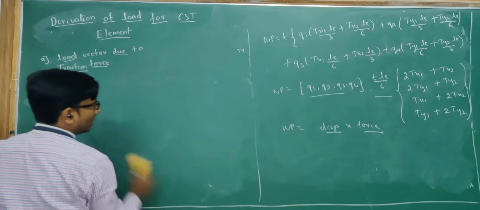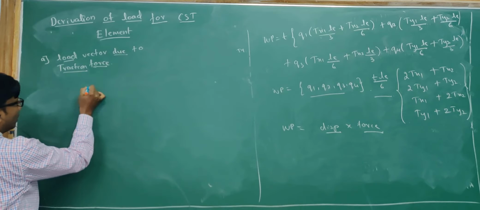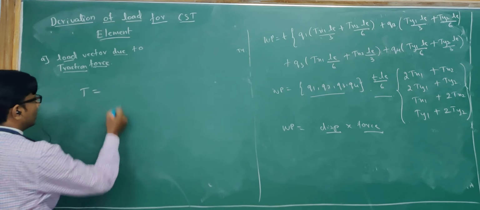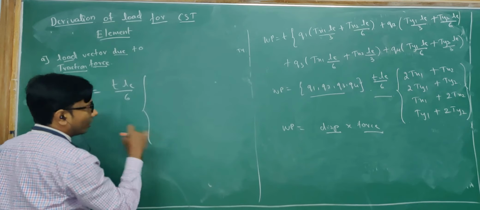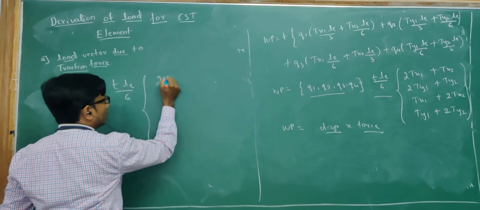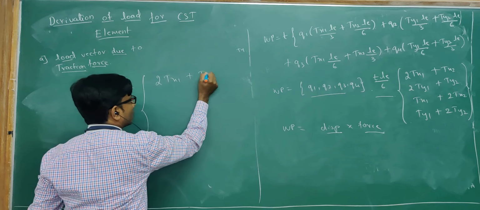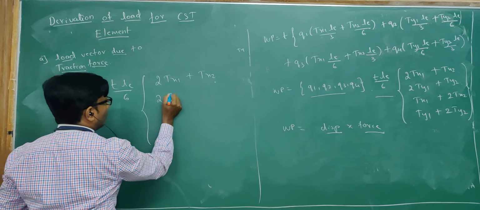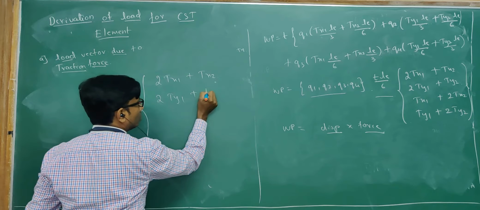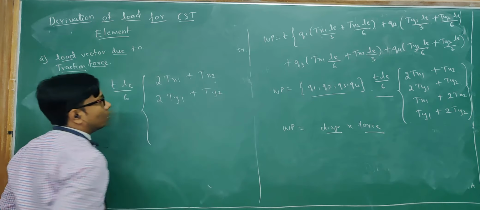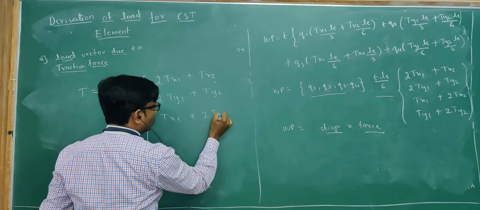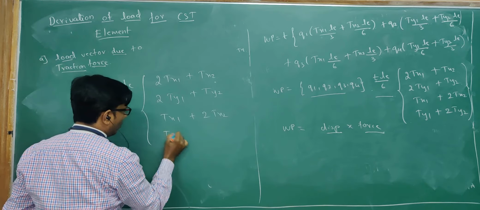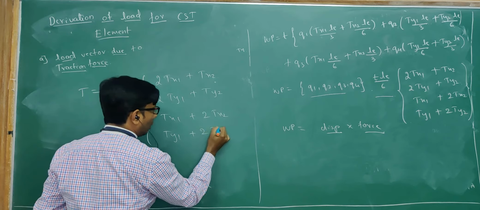Basically the traction force is now converted into the nodal load as T L by 6 times 2Tx1 plus Tx2, 2Ty1 plus Ty2, Tx1 plus 2Tx2, Ty1 plus 2Ty2.